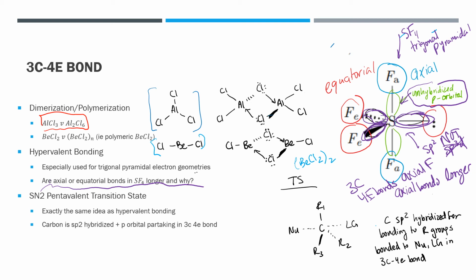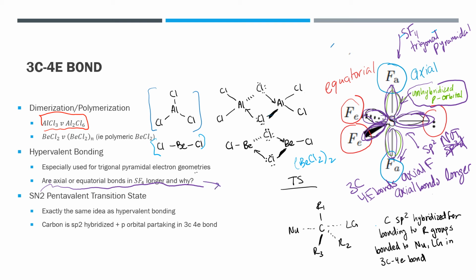That means these two axial fluorines are bonding to the same orbital on sulfur. The bottom fluorine is overlapping with the p orbital, and the top fluorine is also overlapping with the same p orbital. In total, 4 electrons are being shared, 2 electrons from this bond and 2 electrons from that bond, but they're sharing the same orbital.